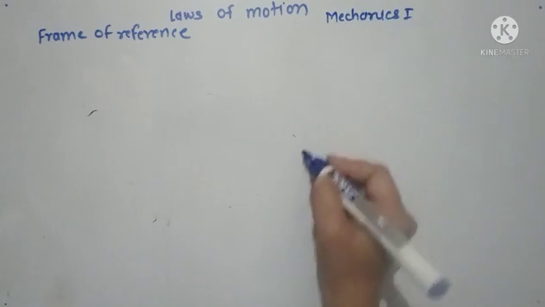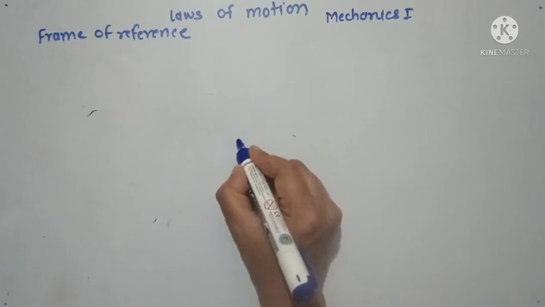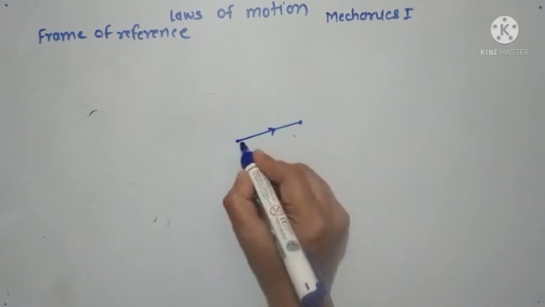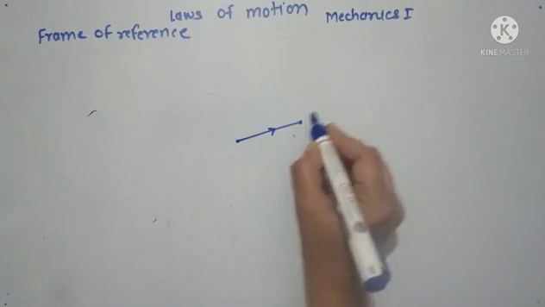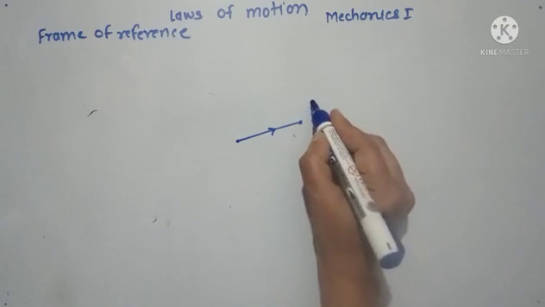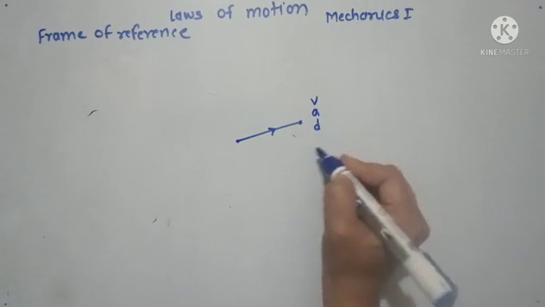Mechanics is nothing but, for any object which is moving from one place to another place, we are dealing with all the properties of its motion. Like we are interested in velocity, we are interested in acceleration, we are interested in displacement.